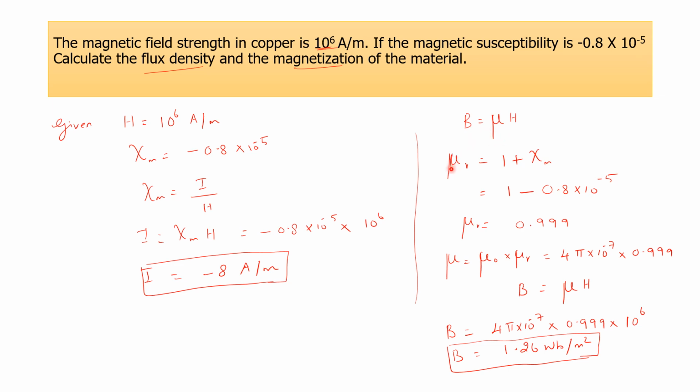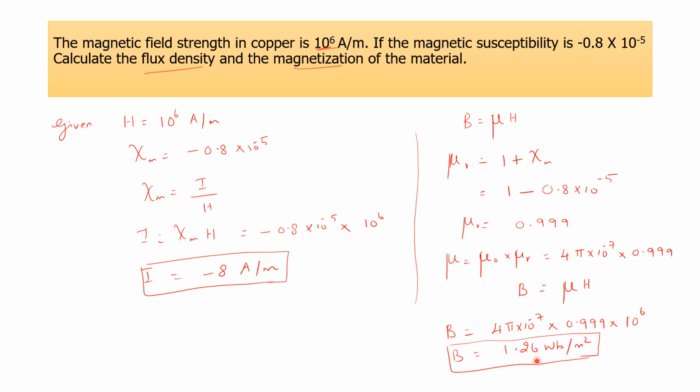So to find out mu, I have to first find out mu r, because mu is equal to mu naught mu r. So mu r is equal to 1 plus chi m. So chi m is given in the problem. Substitute that, you get mu r. Then substitute in the formula for mu. Then you substitute that into the formula for B. You get the final answer to be 1.26.